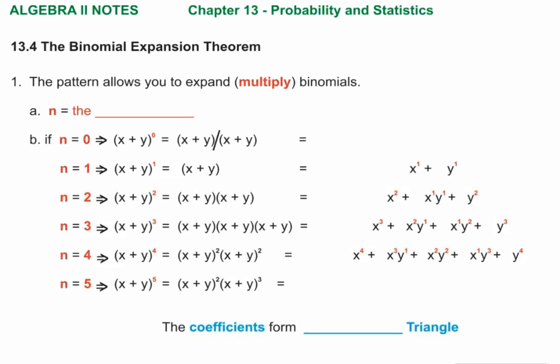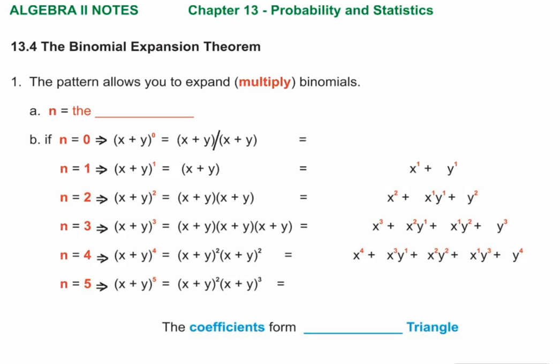All right, last thing I want to do today, and this will take a little bit of time. It's hard to do this last one fast. The binomial expansion theorem. The binomial expansion theorem is a methodology for multiplying binomials. Okay? So that's the idea. It's simply a pattern that allows you to expand or multiply binomials.